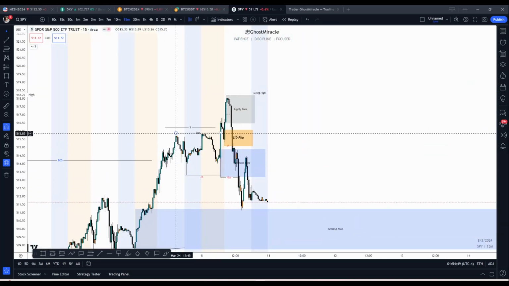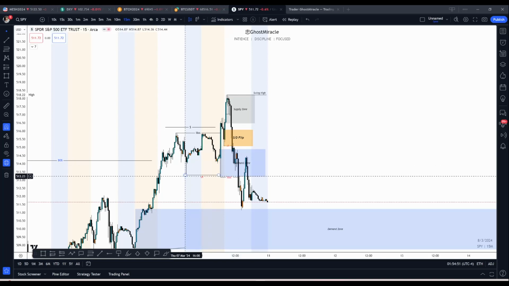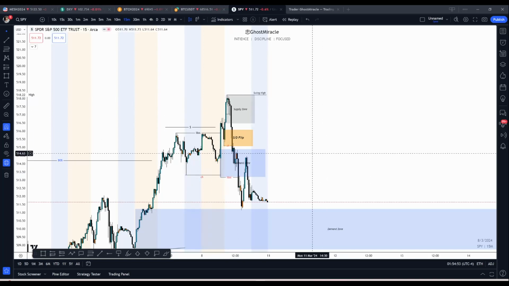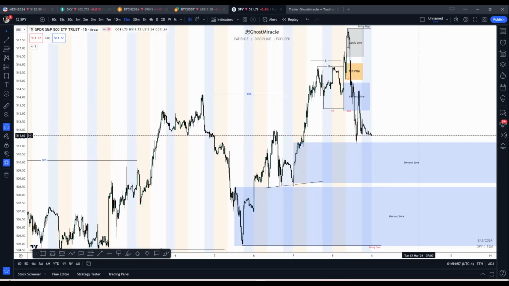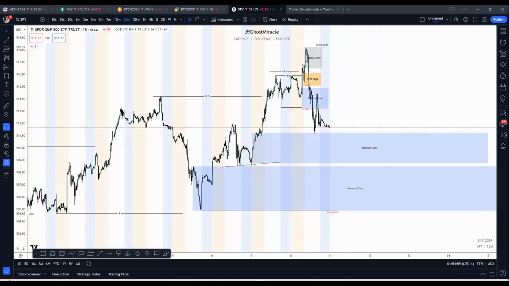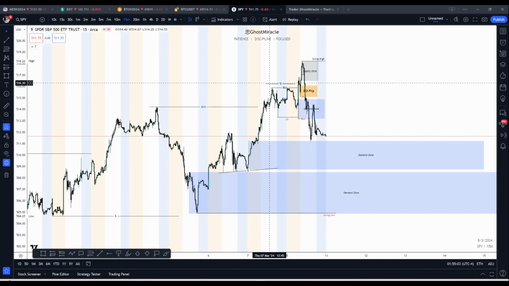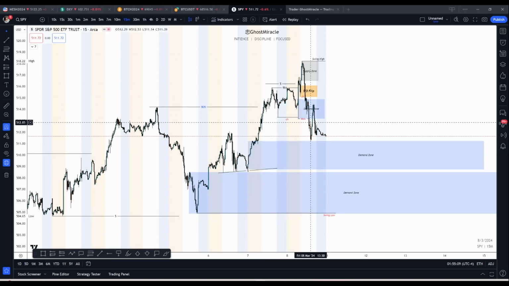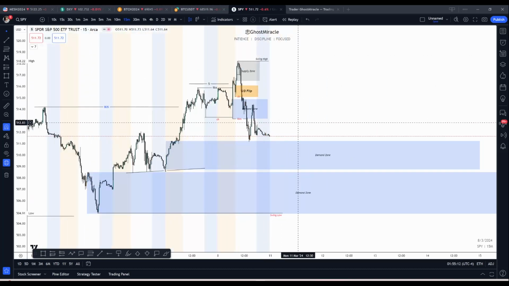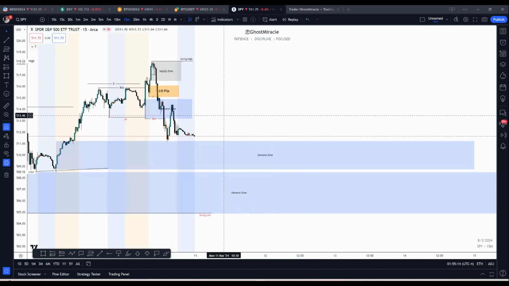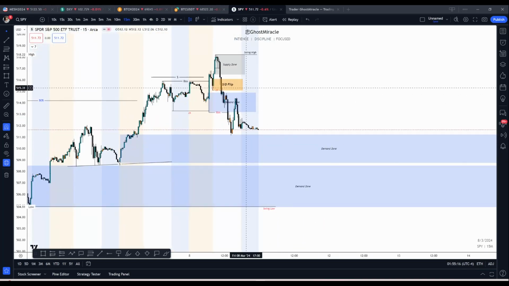I guess if you want to zoom in, only use this area technically, then yes. Breaker structure, swing low, swing high, breaker structure. But overall, zooming out: breaker structure, swing low, swing high, internal breaker structure, and then internal breaker structure, right?